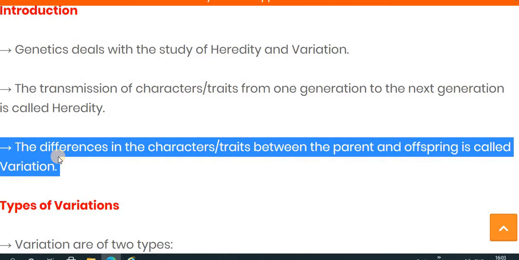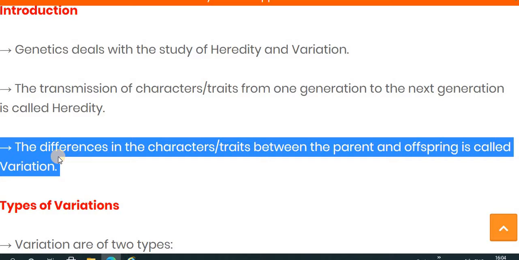The next one is the difference between the characters, or characteristics or traits. Traits means characters only. The difference between the parent and the offspring is called variation. This kind of variation generally occurs in sexual reproduction, and the chance of variation is very low in asexual reproduction, because only a single parent participates.